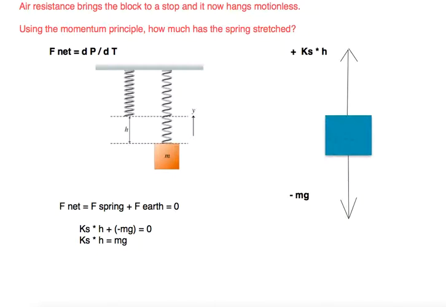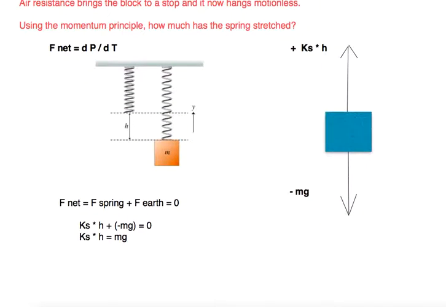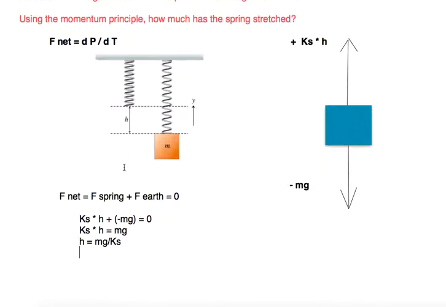And now I can divide by the stiffness, and that is the height equals mg over the stiffness. And again, all this happens because the vector sum equals 0 and it hangs motionless. Since it equals 0, I can just find what h is fairly quickly.